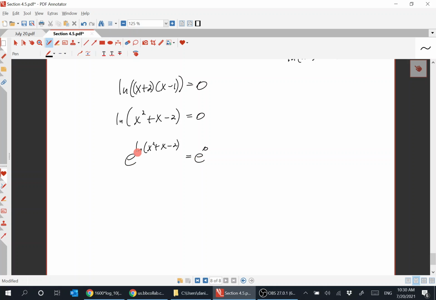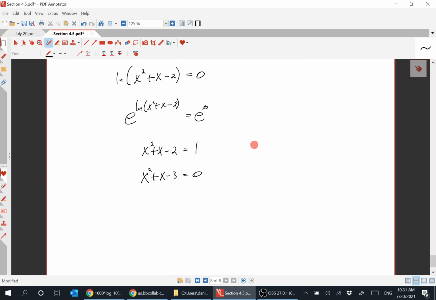So e to the natural log of something is just that something, so in this case, x squared plus x minus 2. And e to the 0 is 1. So x squared plus x minus 3 equals 0.